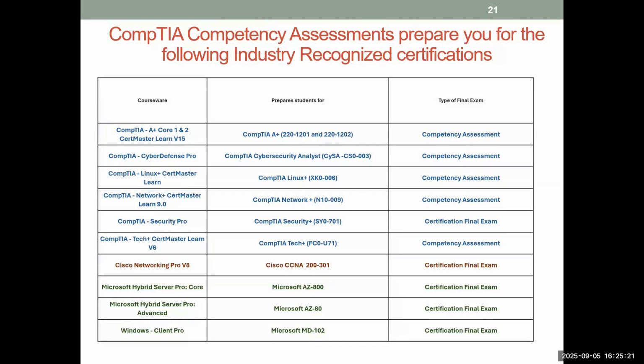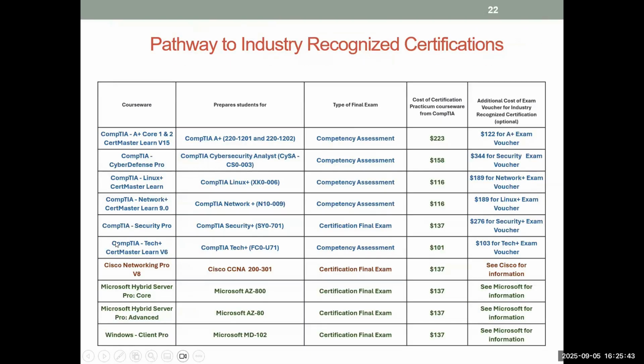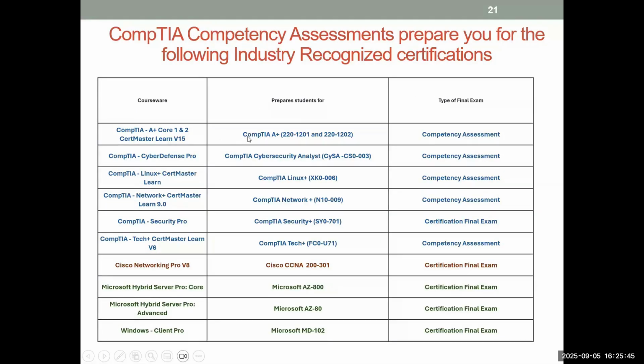This form is up in the module. You can also download it and you can also access it through the homepage on Canvas. It gives you an idea about, if you're taking the A+ core test, that's going to prepare you for this particular industry recognized exam.